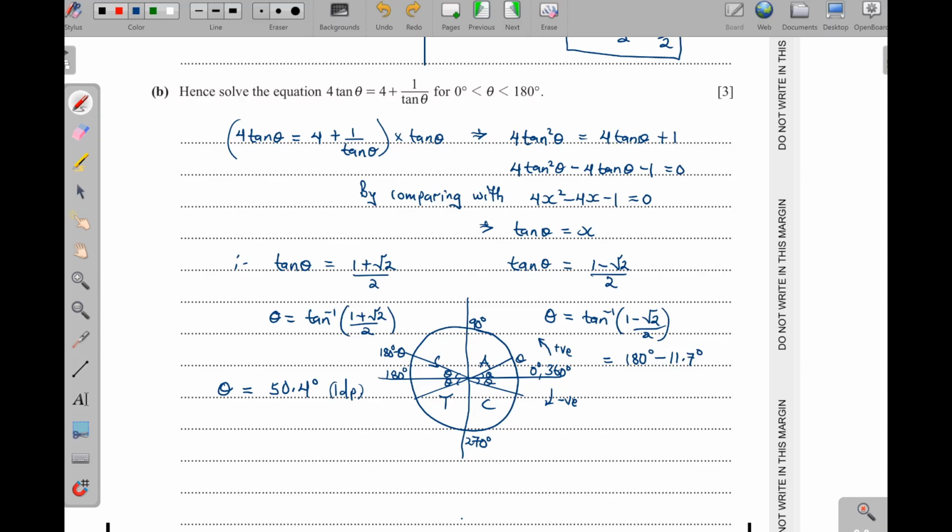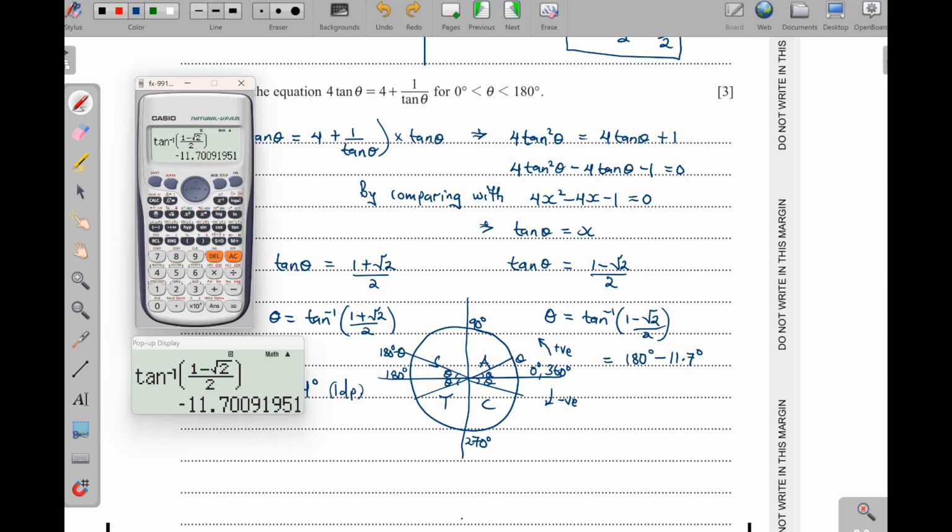So that answer you have gotten, just ignore the negative, and then you say 180 minus that answer. Or when you get it like this, you're supposed to get 180 minus the answer. So since it is already negative, then I will just put here 180 plus. You see that? Because this one is already negative, then I will get my answer there as 168.3.